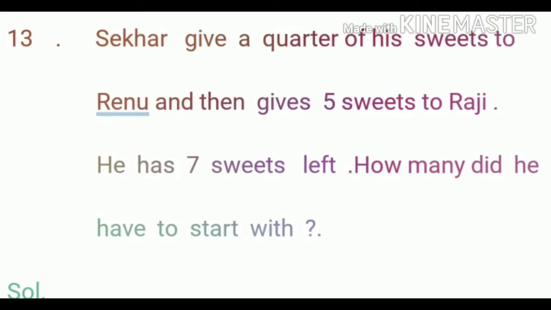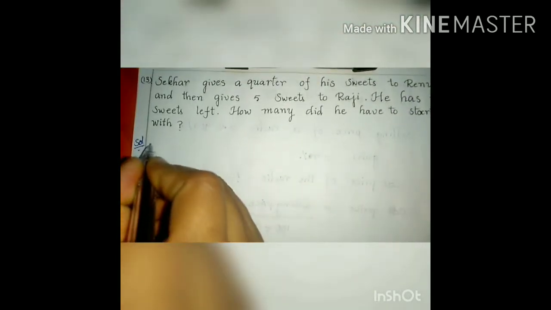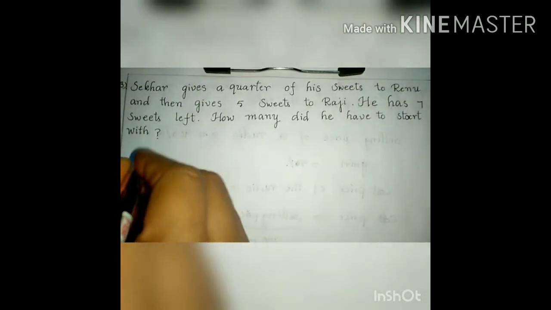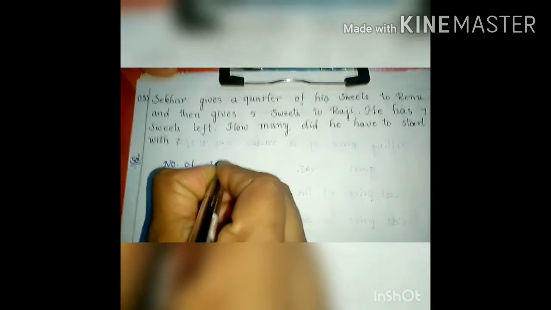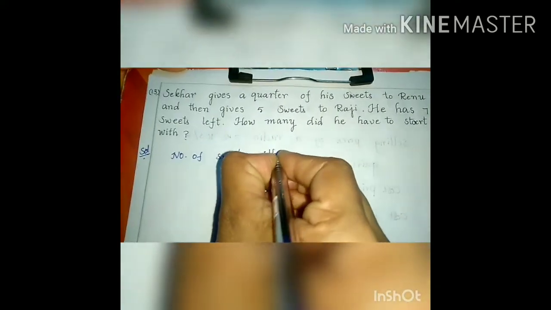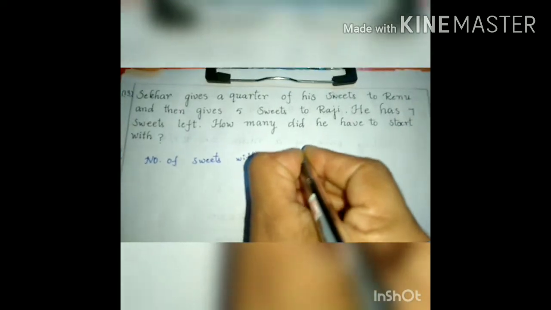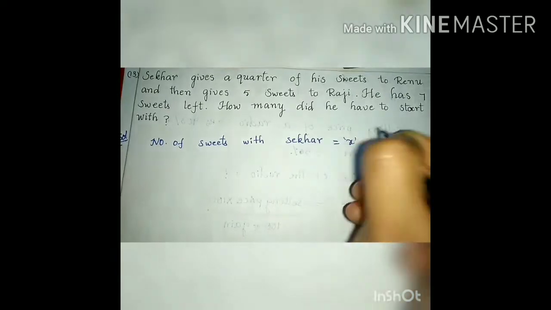Problem: Sekhar gives a quarter of his sweets to Renu and gives 5 sweets to Raji. He has 7 sweets left. How many did he have to start with? Next, 13th question, solution. Number of sweets with Sekhar equal to x.